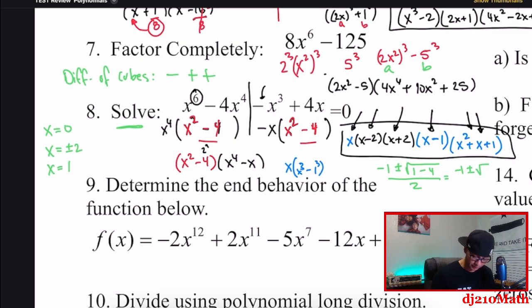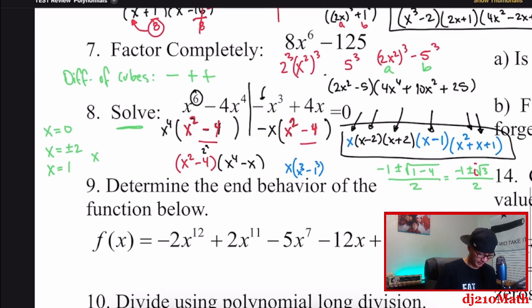So √3 and then i. We could throw the i in front of the √3, all over 2. So there are the next 2 roots. X is equal to -1 plus or minus i√3 all over 2. You could put the i in the back of the √3 and it's the same thing, right? It's all multiplication.